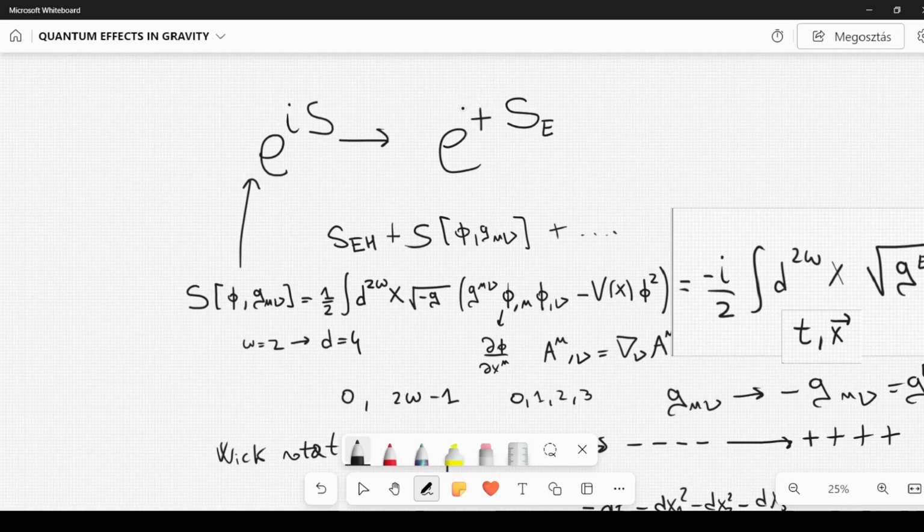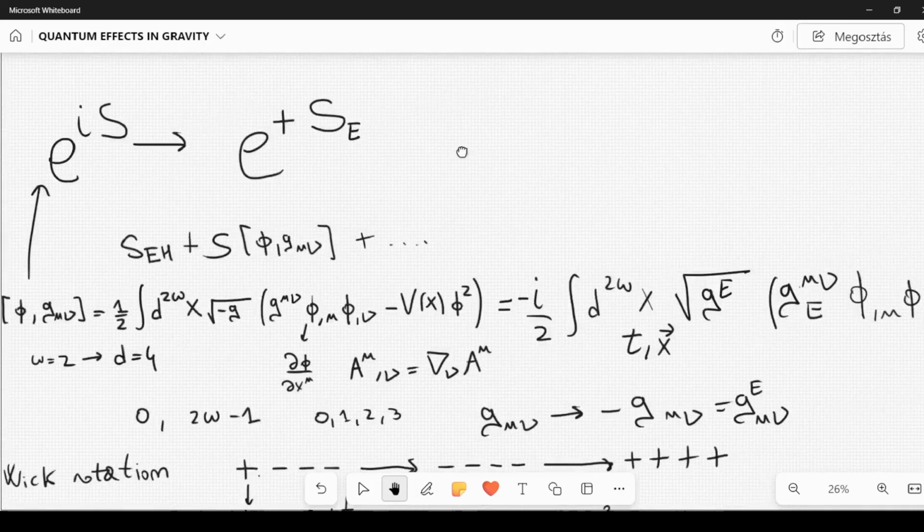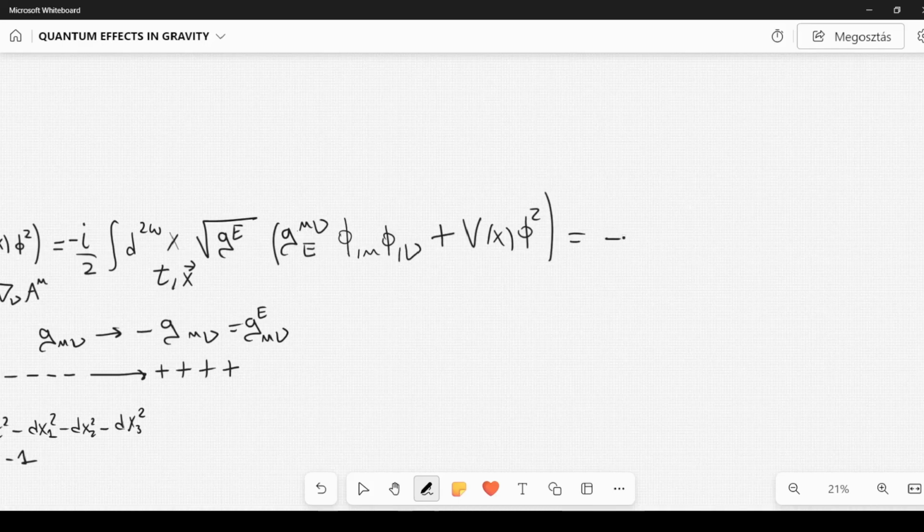But remember that when we consider the effective action, and in particular the path integral related to the effective action in Euclidean space, we would have something like e to the minus the action. So it's as if we can define this to be minus i, then we have an effective action which depends on the field φ and also g^{μν}_E.